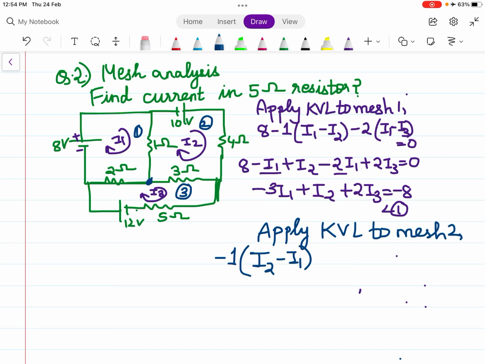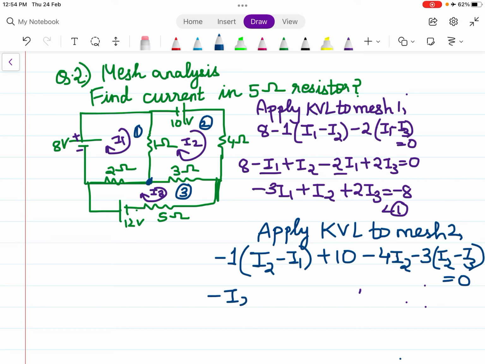minus I1. Negative to positive plus 10 minus 4 I2 minus 3 I2 minus I3 equal to 0.